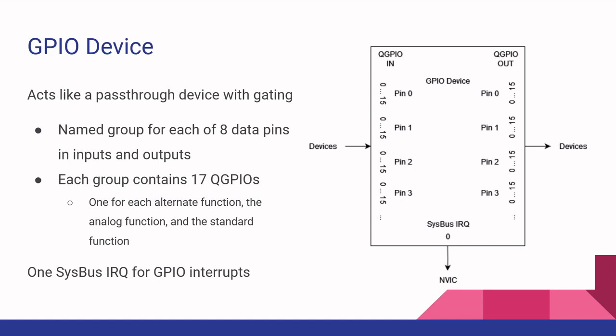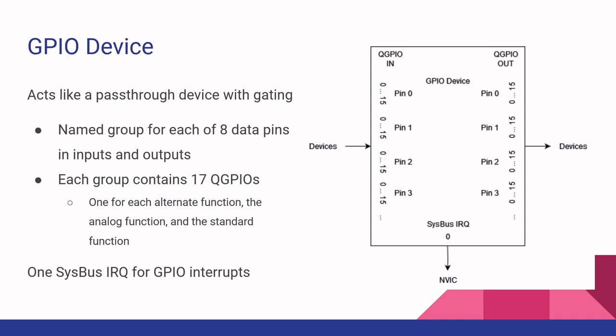Starting with the GPIO device, basically it just acts like a pass-through device from inputs to outputs, and then has gating controls like the port control and alternate function select. To do this, we created a named QGPIO pin group for each of the 8 data pins. We have pin 0 through pin 7 in both the inputs and the outputs.